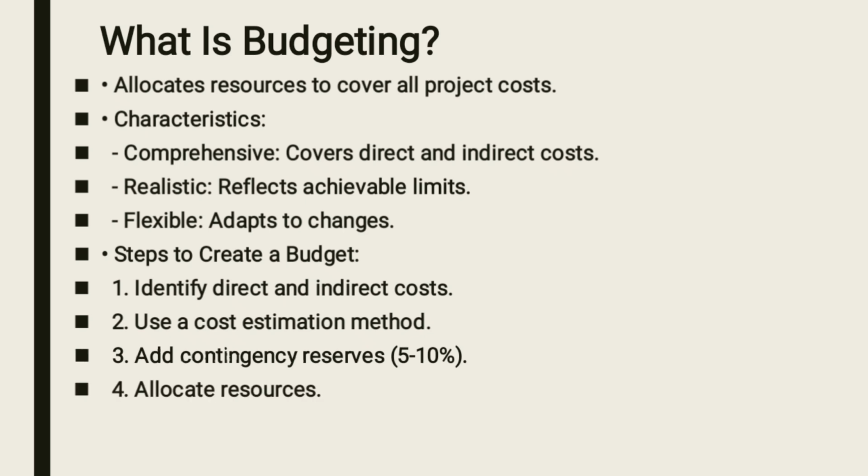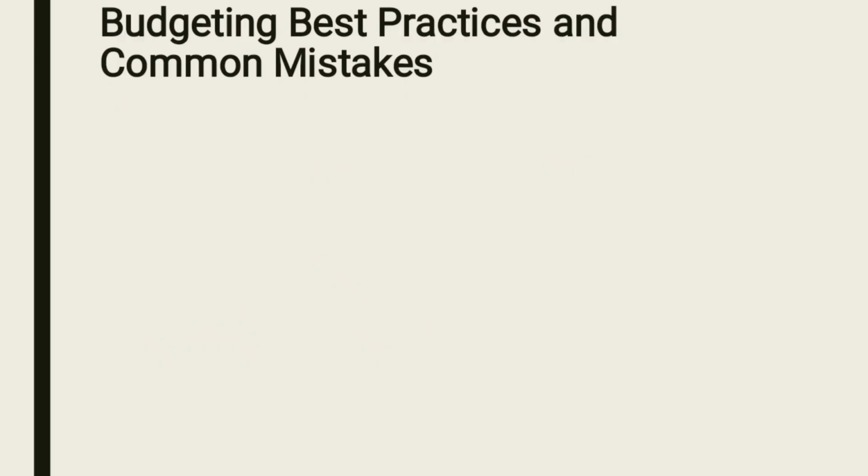Then you need to allocate resources on each and every task. So that is what you need to know. From there, you need to monitor and adjust. Once you have made your budget, you should monitor your budget, check your budget, as well as adjust if those adjustments are needed on your project.